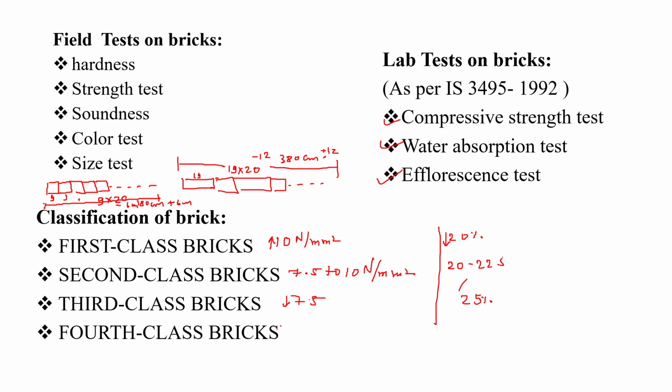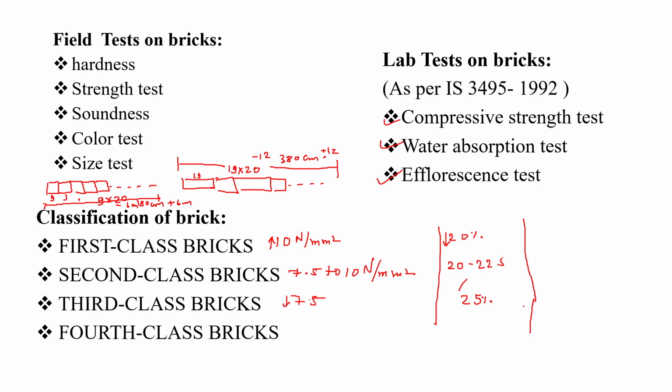We will not consider fourth class brick right now because it will fail somewhere, meaning its strength is less. Now efflorescence. Efflorescence does not play any role in classification, but it should be minimum. Suppose we are using the brick at a place where chemicals or the surface is exposed, it should not react with the atmosphere.